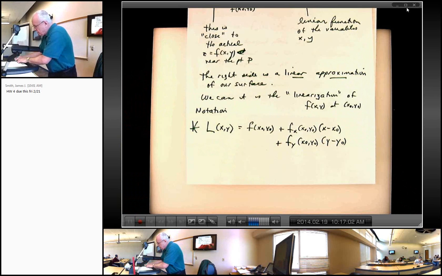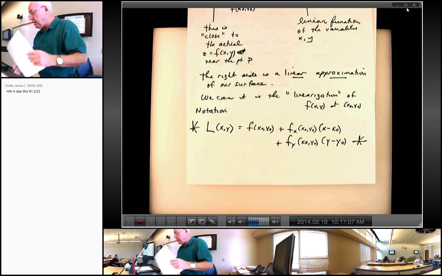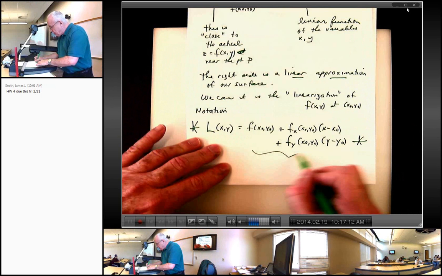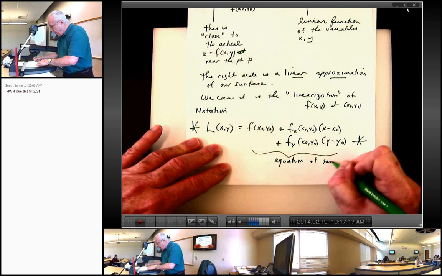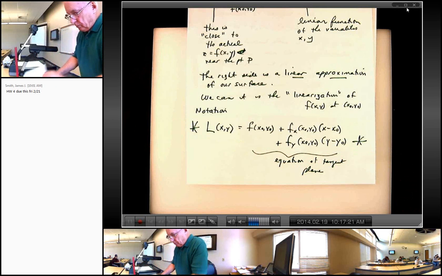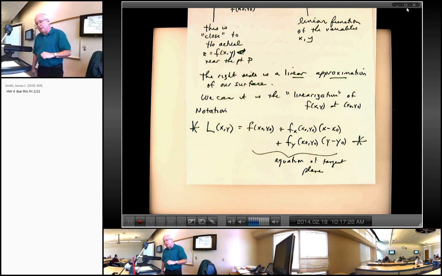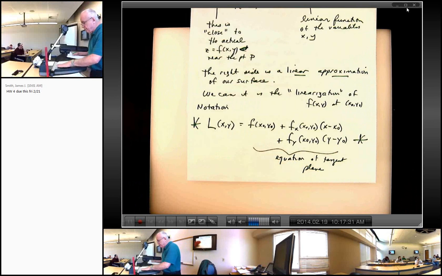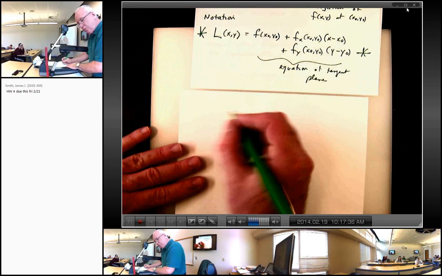So you'll want to be familiar with the fact that this is basically the equation of the plane. Another name that the text gives for this is the linear approximation of the function. So let me put that down here, and we're going to go through an example of this.